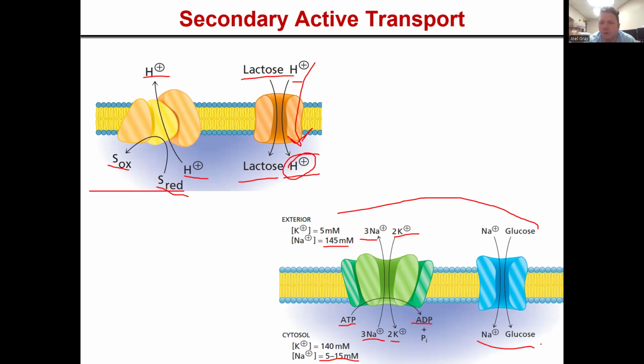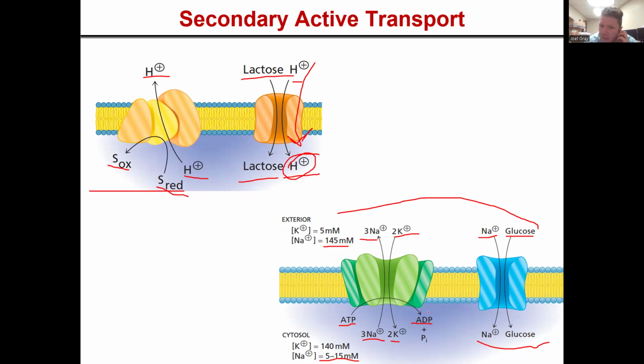Then our other protein right over here is taking sodium ions and glucose and moving them from this side where there's a lot of sodium to this side where there's a low sodium concentration. So the movement of sodium is favorable. This glucose is more or less taking a ride. So this is one of the important parts about secondary active transport.